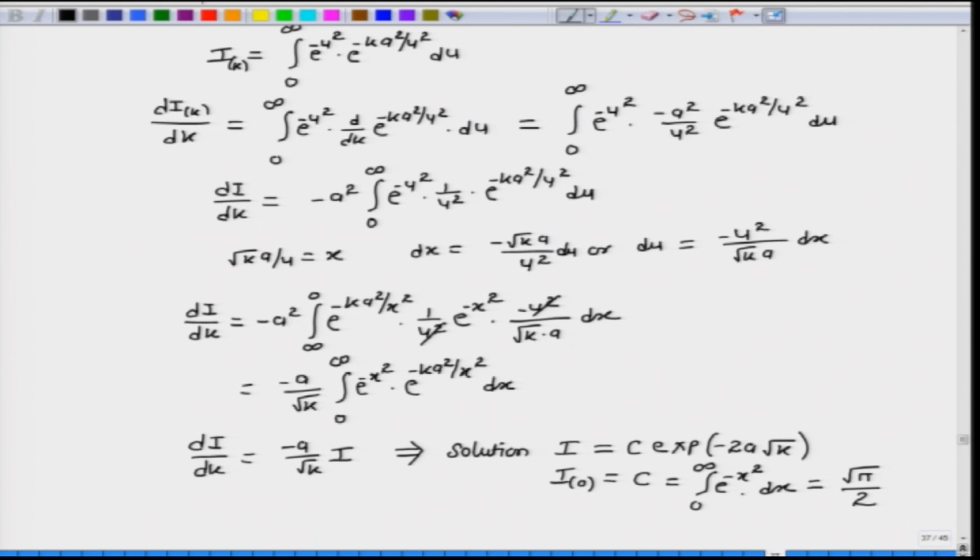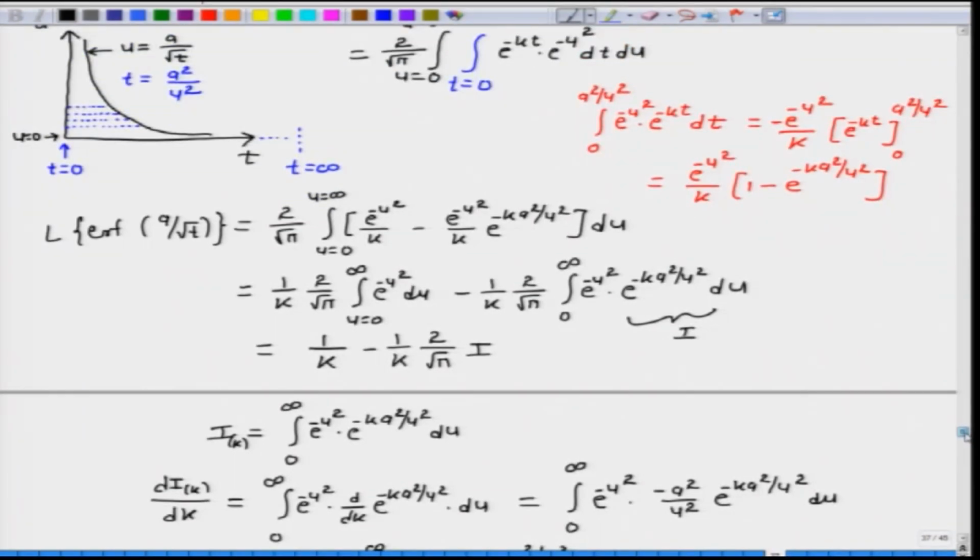So, the value of this integral becomes root pi by 2. So, c is root pi by 2, and the solution for I becomes I is equal to root pi by 2 exponential minus 2a root k. So, we have now got the value of I.